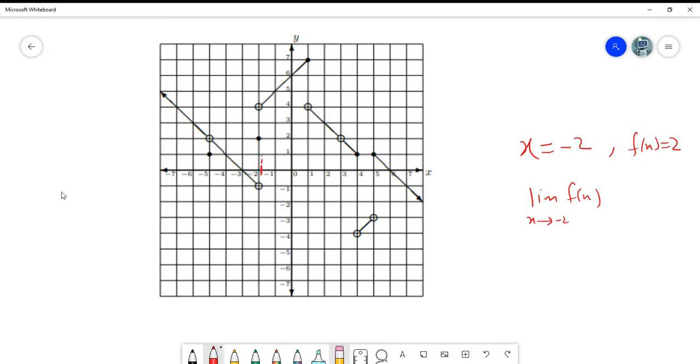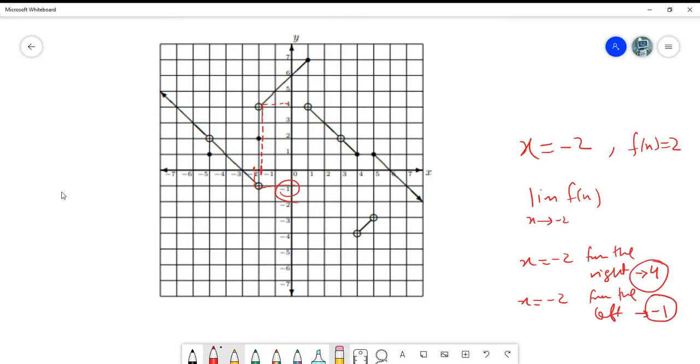Slightly from the right, x approaching minus 2 gives me a value of 4. And if I look at it from the left, then the value of f of x is negative 1. So these two answers are not the same, which means this limit does not exist.